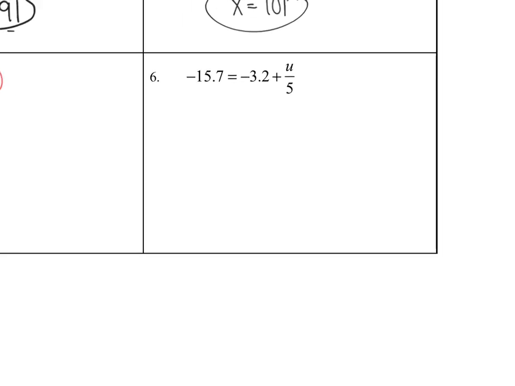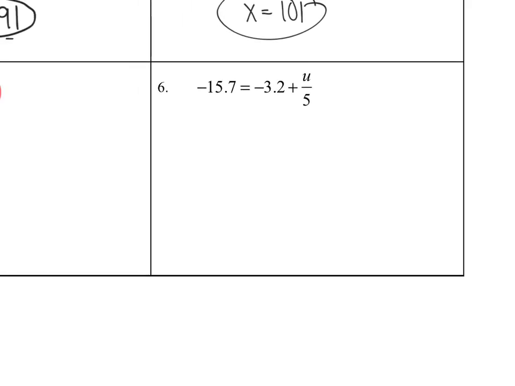In the last one, we have an example with decimals. Okay, so make sure you grab your calculator for this one. So again, I'm still getting rid of the adding and subtracting first as my first step. And I noticed that the 3.2 that is being added to this u divided by 5 is negative. Okay, so that means in order to move it onto the other side of the equal sign, I'm going to add it to both sides.